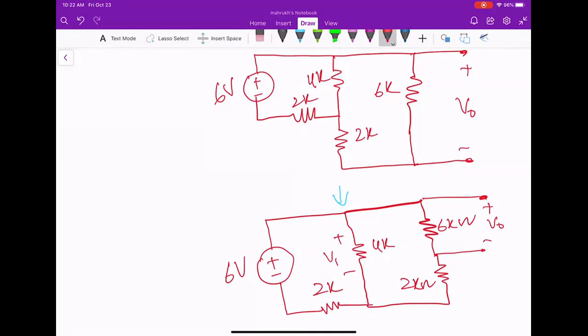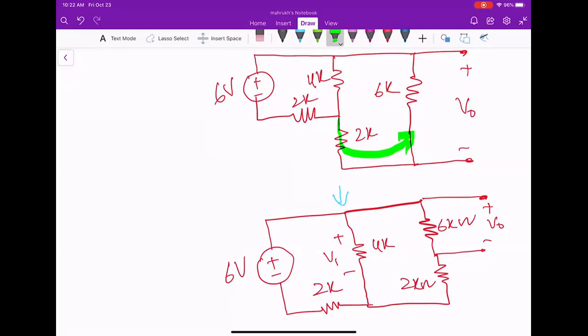I just turned this resistor towards here so that it looks simpler to me now. To find out V1, I am just trying to find out V1 first.